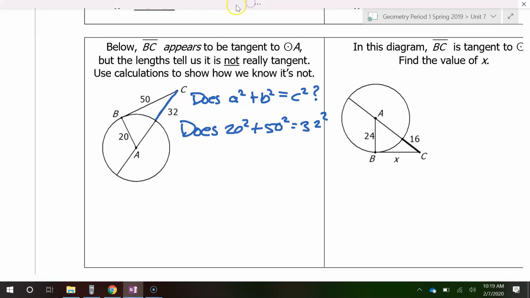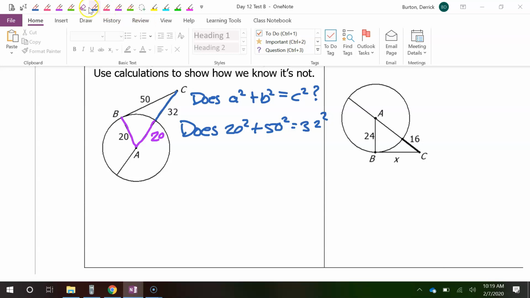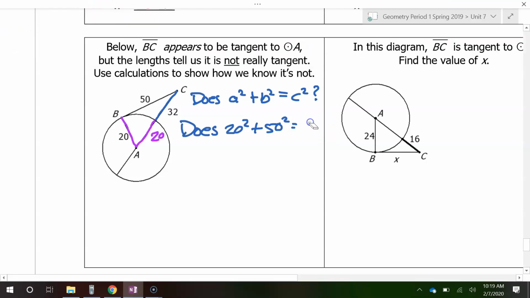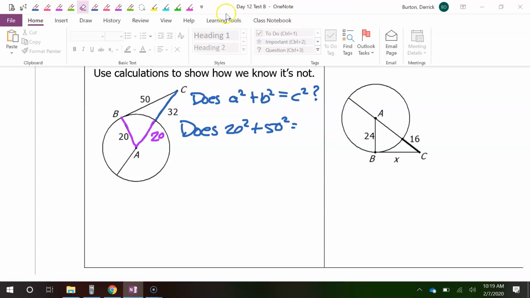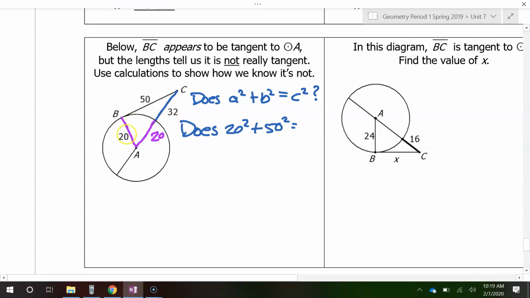Okay, I'm switching colors for a second. How big is this purple part? That's 20. I can tell because the other radius is also 20. So this will be 20. So the hypotenuse, instead of being 32, what really is it? It's really 52. So I have to ask myself, does 20 squared plus 50 squared equal 52 squared?